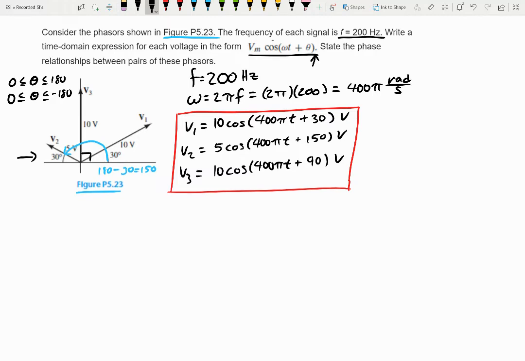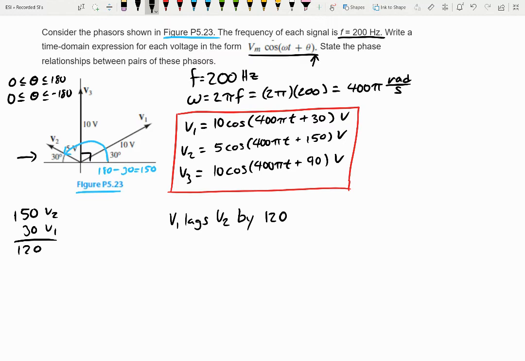So writing the relationship, let's look at V1 and then V2. We'll say V1 lags V2 by, let's see, V2 is at 150 degrees, V1 is at 30, so it lags it by 120 degrees.